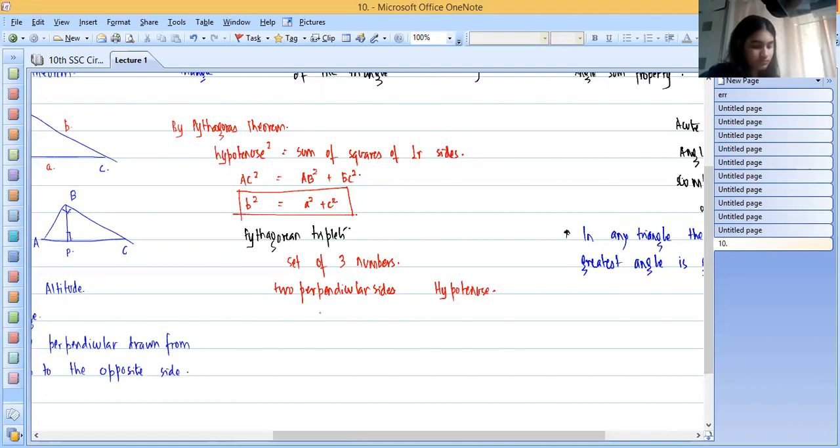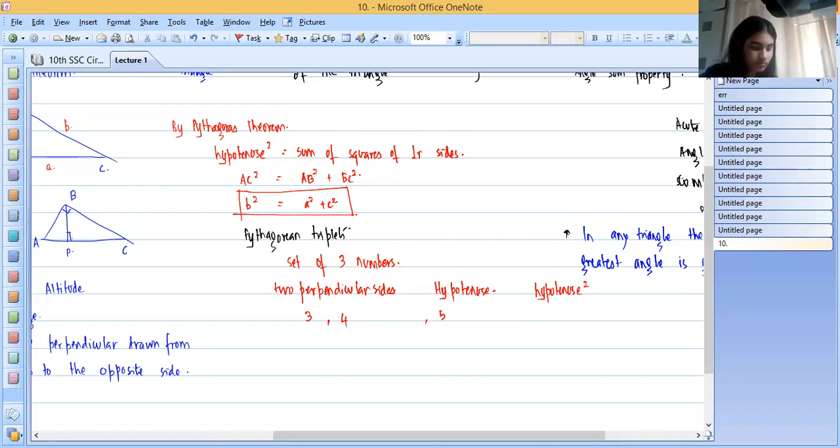So the 2 perpendicular sides can be 3, 4, and hypotenuse can be 5. So let's verify. What is hypotenuse square? 25.